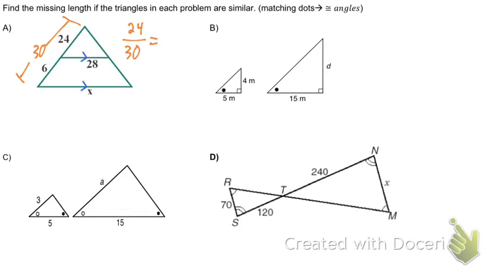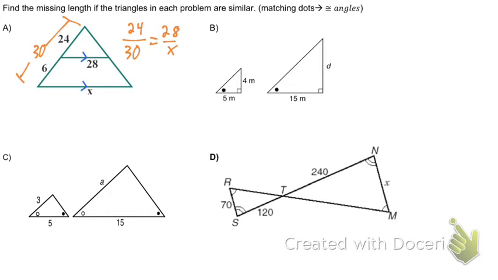It's going to be equal to what over what? 4 over 5. It does reduce to 4 over 5, but what is it equal to for our other measures? 24 over 30 equals 28 over x. Now notice, we did the small triangle on top for both of them, right? And we kept the corresponding sides together.